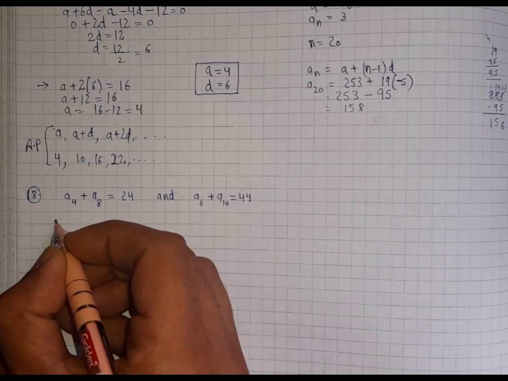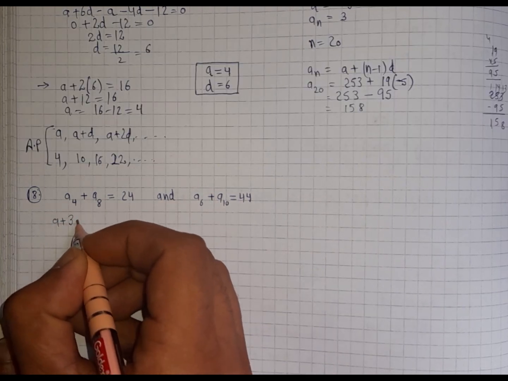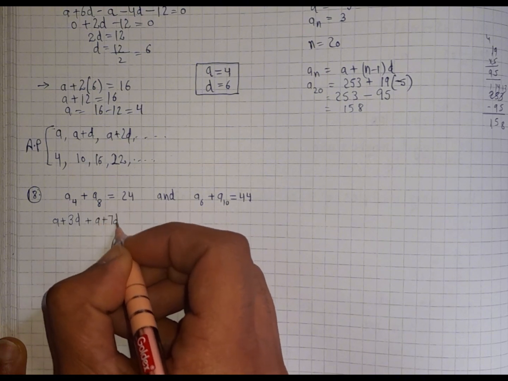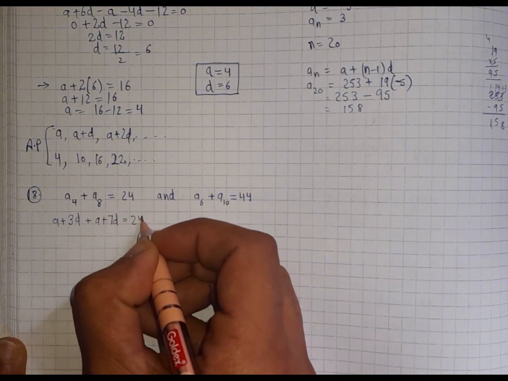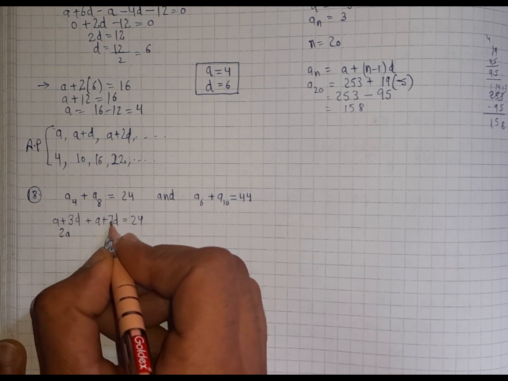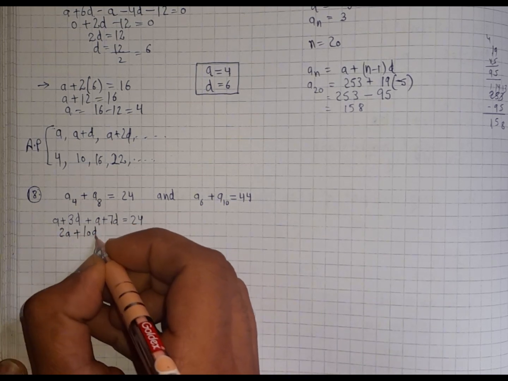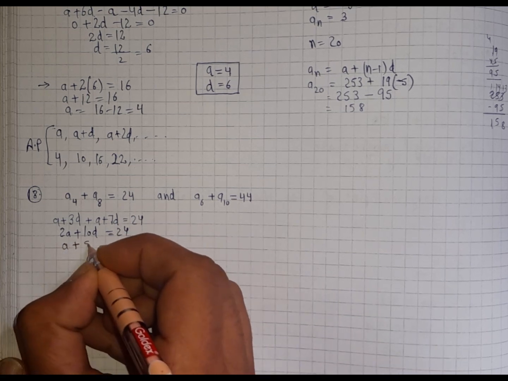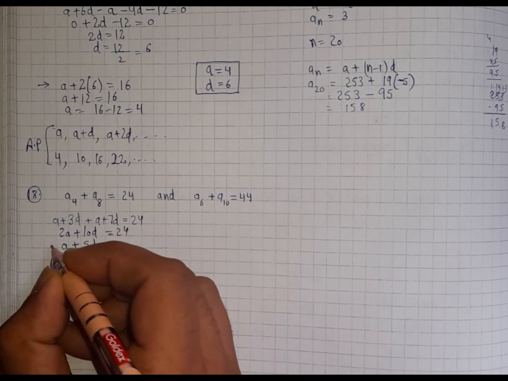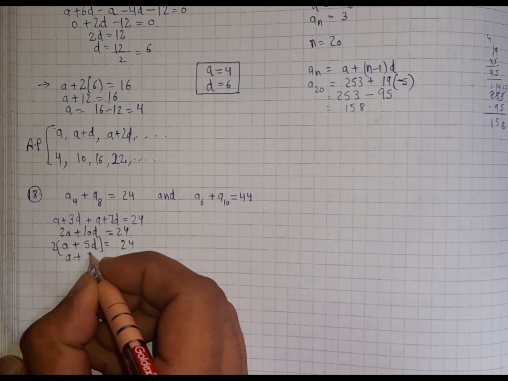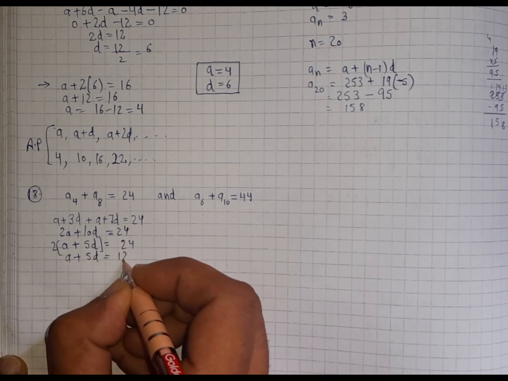The 4th term is A plus 3D and the 8th term is A plus 7D from the nth term formula. A plus A equals 2A, 3 plus 7 equals 10. After taking 2 common, we have A plus 5D, and dividing both sides by 2, A plus 5D equals 12.